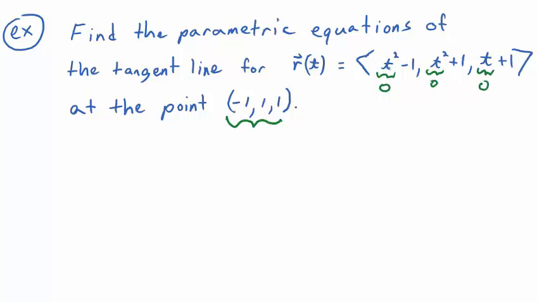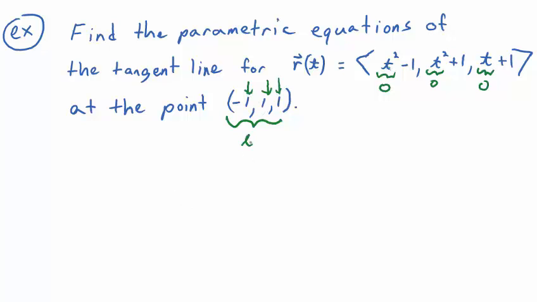If you plug in 0, you'll get negative 1, which matches up with this, negative 1. If you plug in 0 here in the second component, you'll get the second coordinate of 1. And if you plug in 0 here, you'll get the third component. Over here, the component will be 1, but we're going to think of it as the tip of the arrow is just a point on the curve, and so the third coordinate is 1.